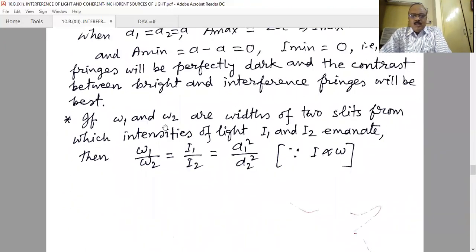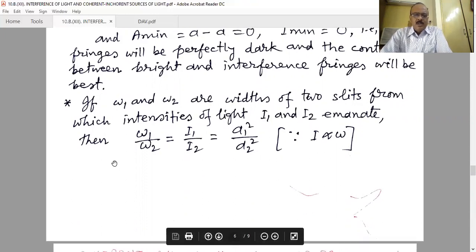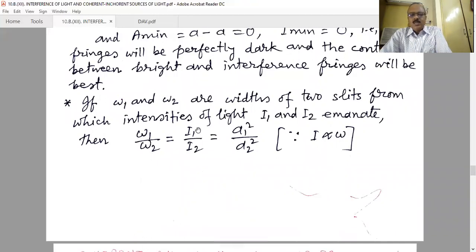Now, in Young's double slit experiment, intensity depends upon the slits. Slits means linear holes, slit widths. If W1 and W2 are widths of two slits from which intensities I1, I2 emanate, then W1 by W2 is proportional to the intensity I1 by I2, that will be A1 square divided by A2 square.